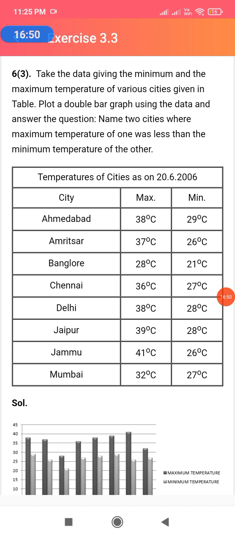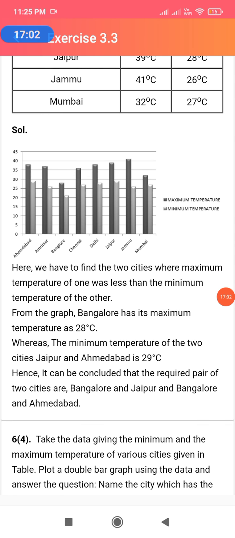Name two cities where the maximum temperature of one was less than the minimum temperature of the other. We have already plotted the graph, and now we have to say two cities where the maximum temperature of one was less than the minimum temperature of the other. So if we talk about Bangalore, this is the maximum temperature.